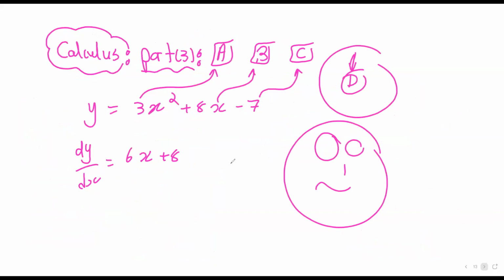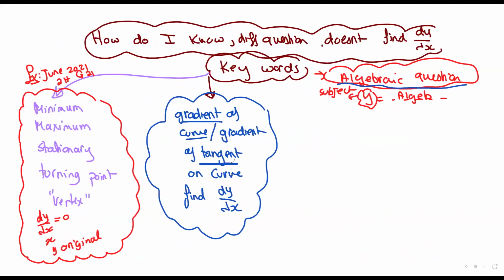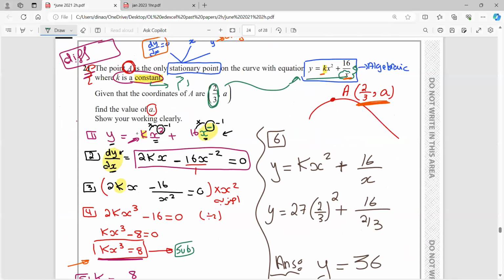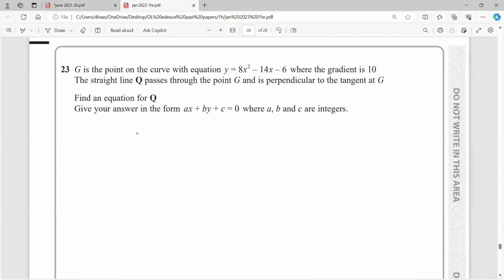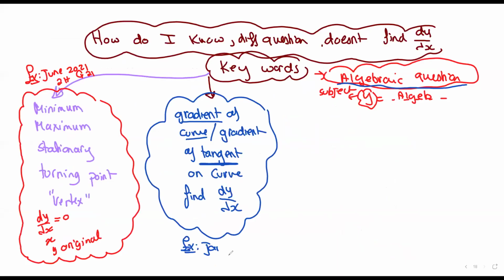تمام. يبقى احنا دلوقتي هنا the second set of keywords اللي هو find the gradient of the curve أو find the gradient of the tangent. Now I already prepared one question related to this part over here, which is Jan 2023 1HR question 23. خليني اكتبها برضو هنا Jan 2023. نكتبها هنا example Jan 2023 1HR question 23.